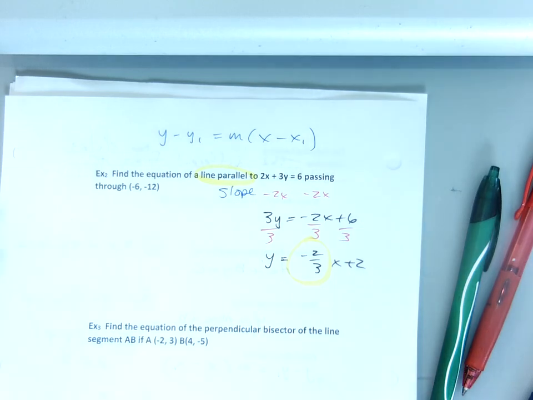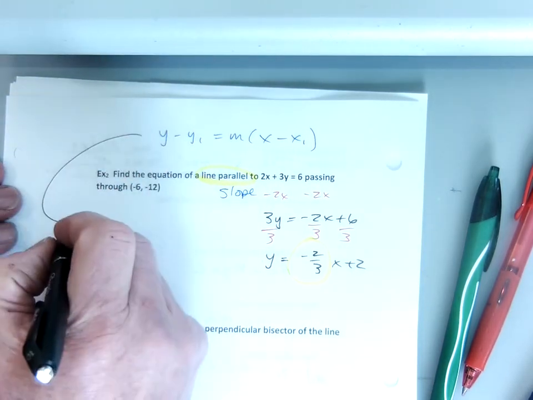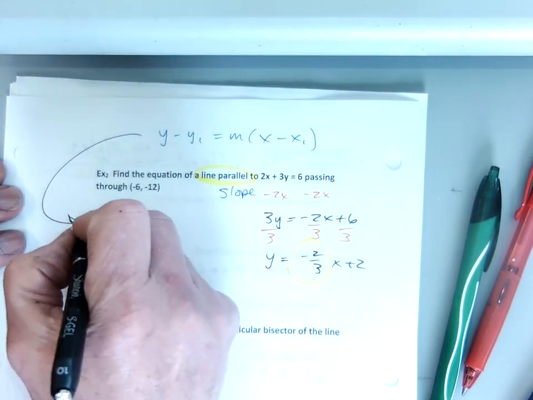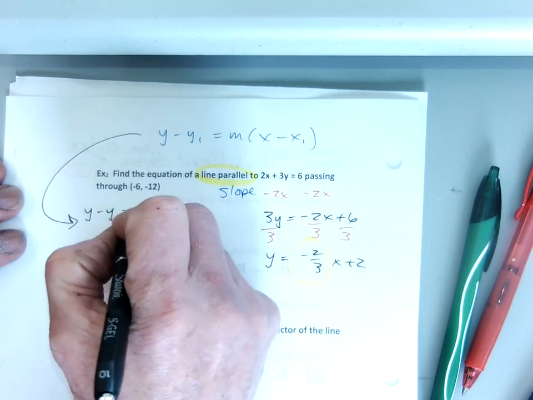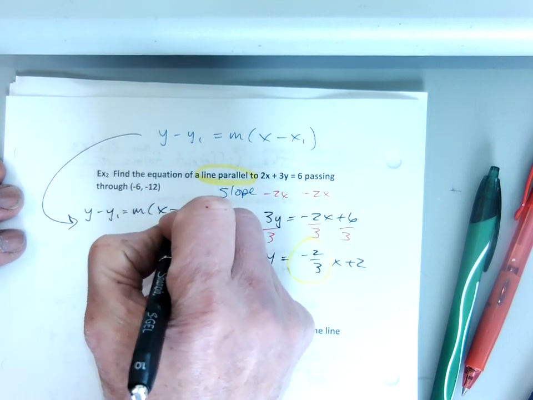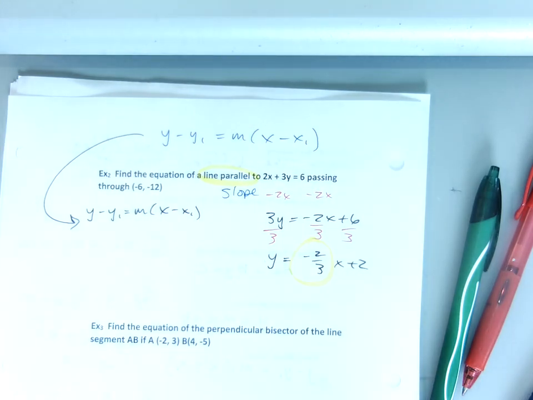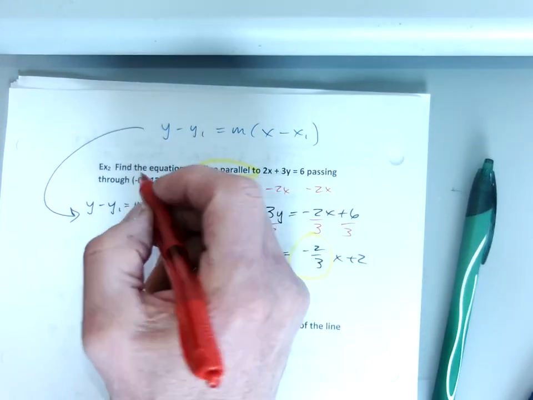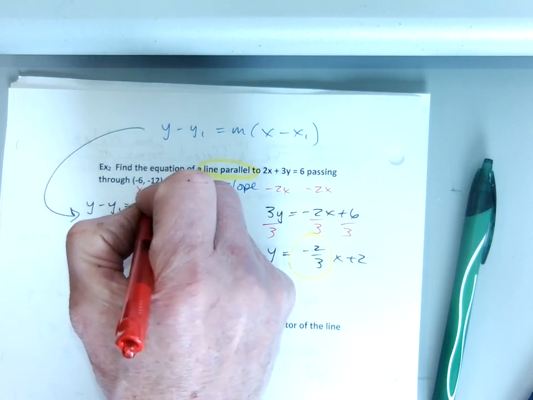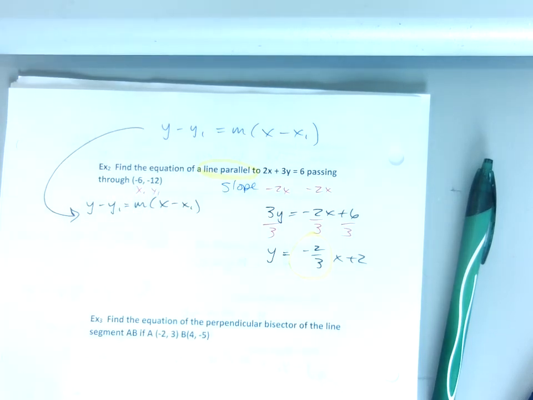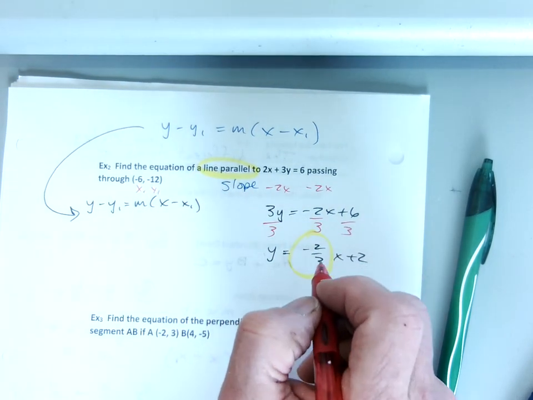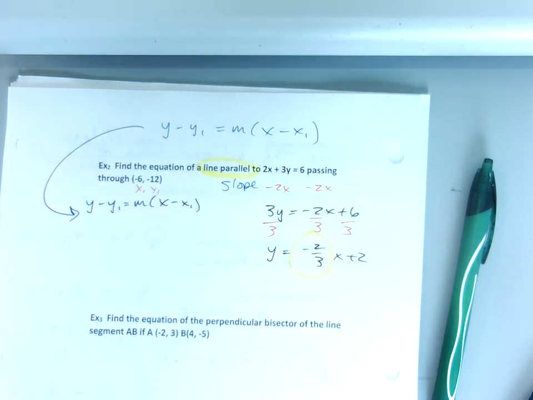So now I'm going to use my equation. Find the equation: y minus y1 equals m times x minus x1. I have a point it's going to go through, that's my x1, y1, and I have a slope. So I'm just going to plug it in. X and y stay as x and y because those are variables.